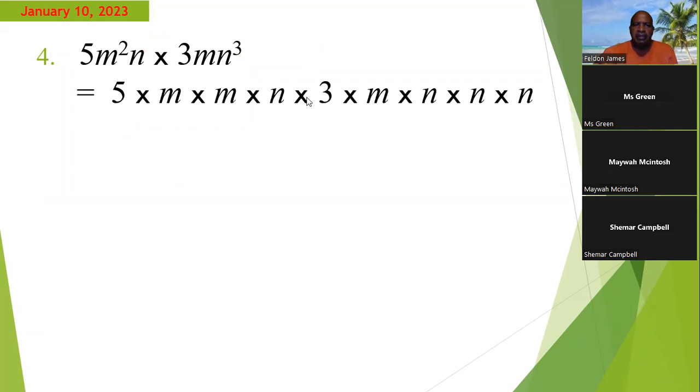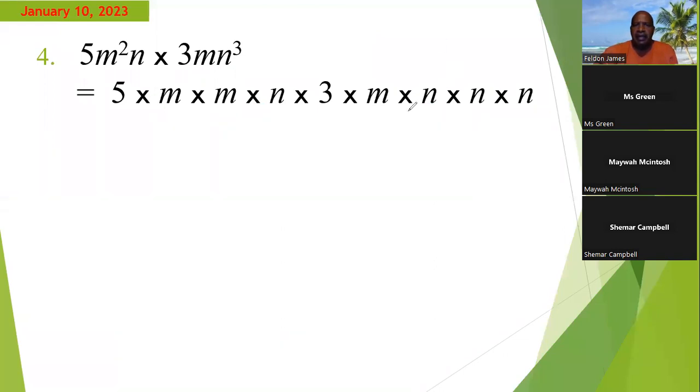So you could expand them like this, because m squared means m times m. And then now you would have 5 times m times m times n. You multiply now this part, so you'd have 3 times m, and this would be n cubed. You get 3 n's here. Following so far?